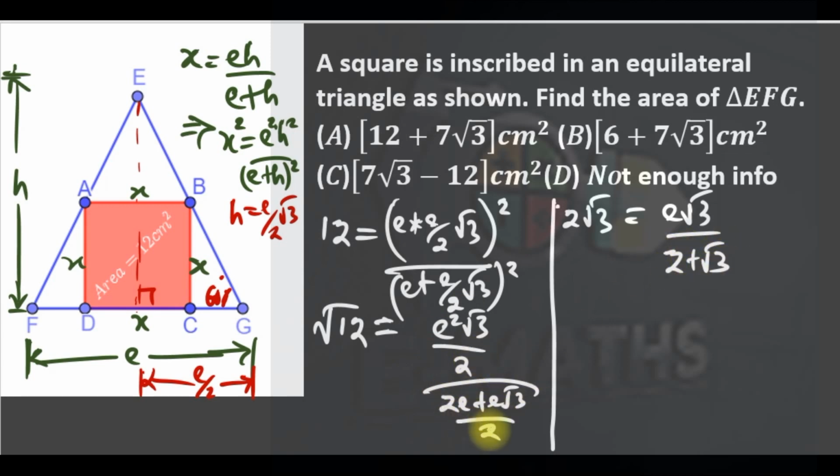Do you get the logic? 2E, factor E, so 1 E will cancel it. And again, looking at this, root 3.